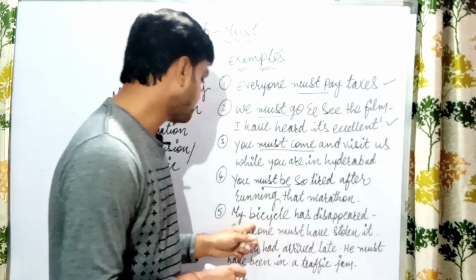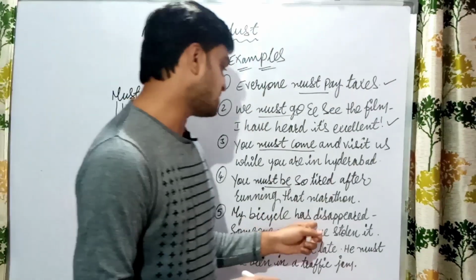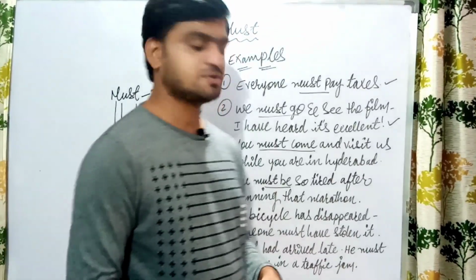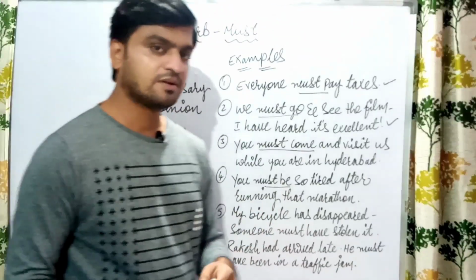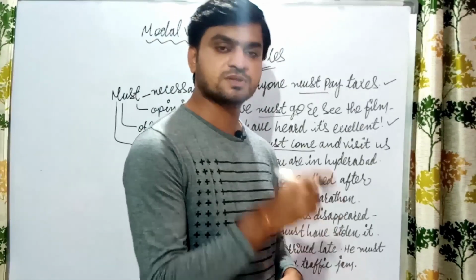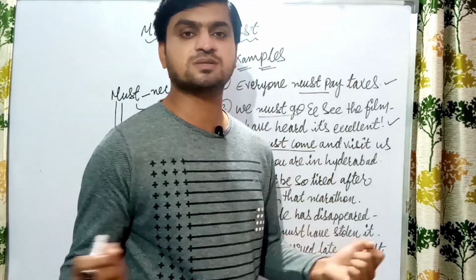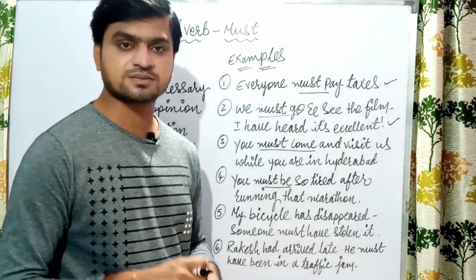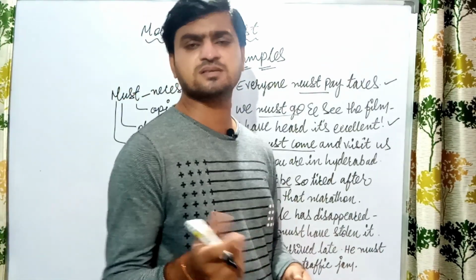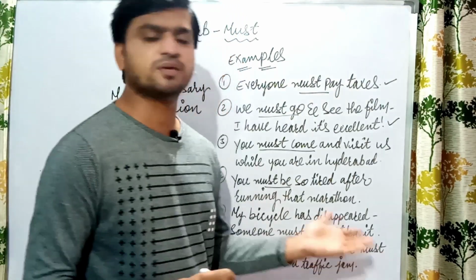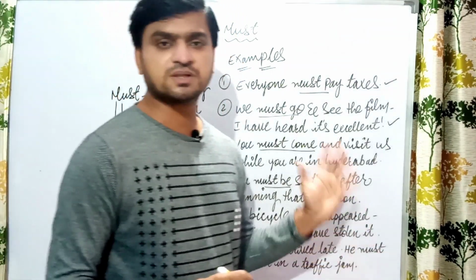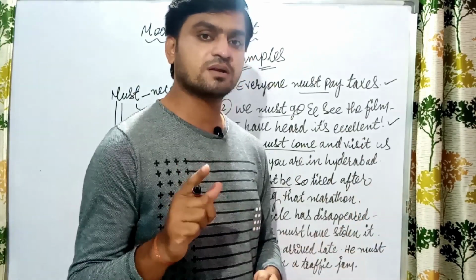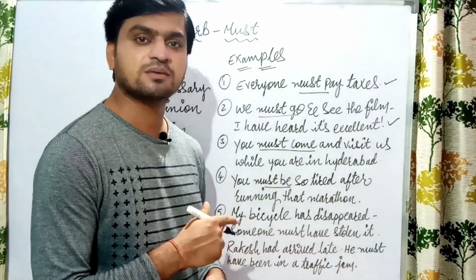And next: my bicycle has disappeared. Someone must have stolen it. In this also, my bicycle which used to be present suddenly disappeared, and with that I made a guess. What is the guess here? Suddenly it disappeared, and with that sudden disappearance I am saying someone had stolen my bicycle.